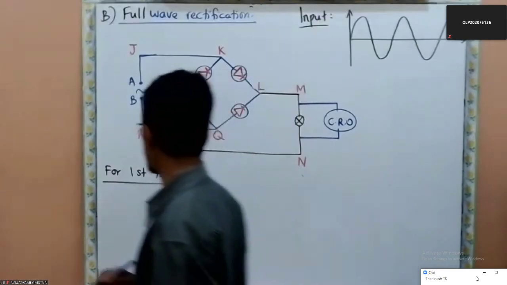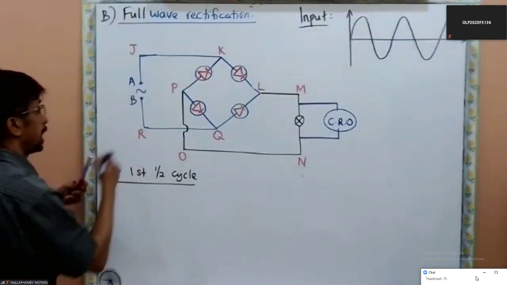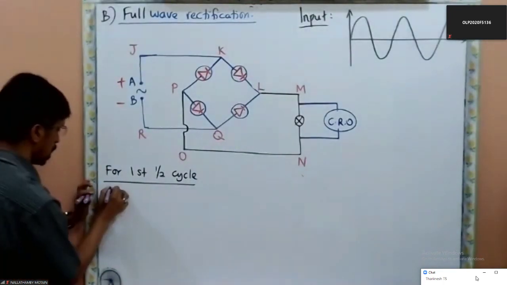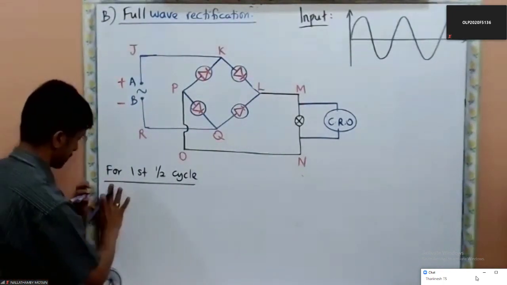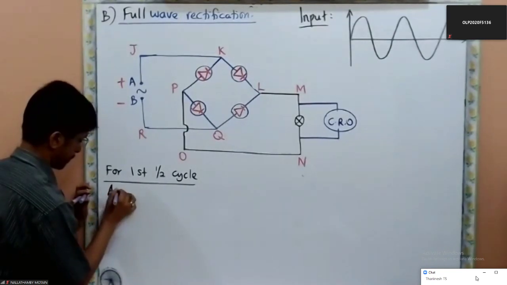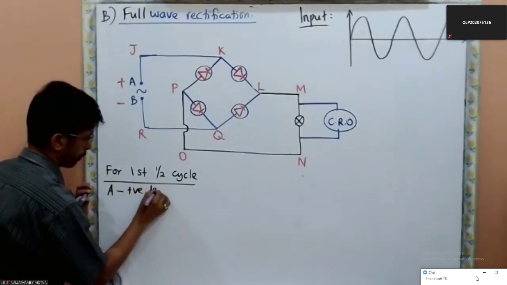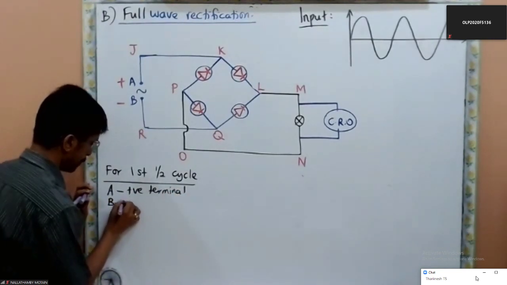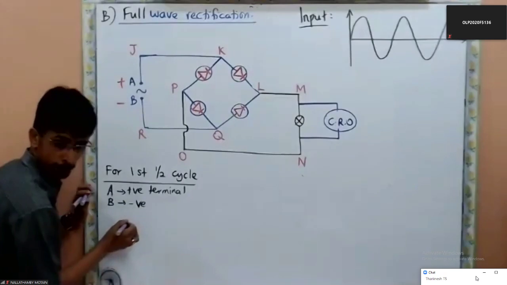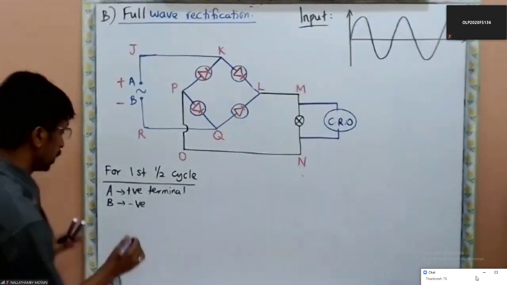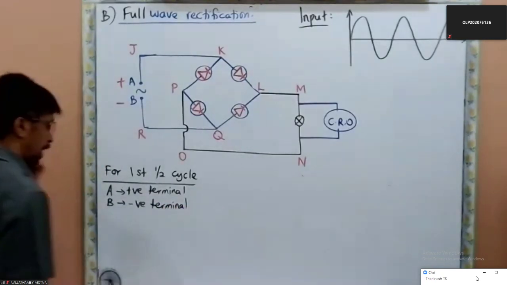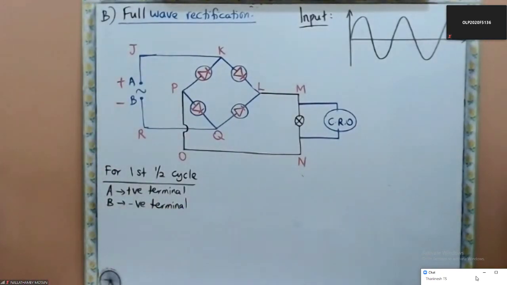For the first half cycle, let's say A becomes positive terminal and B becomes negative terminal.